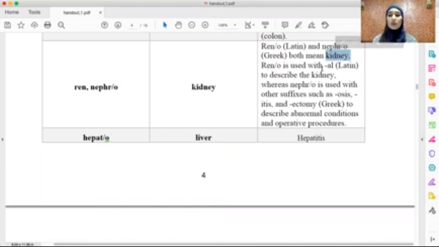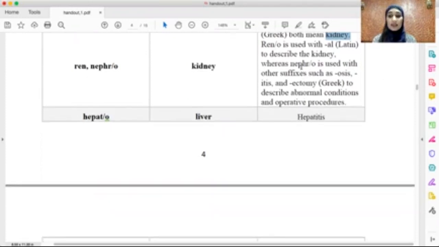Ren is used with AL. We never add AL to nephro, but with ren we add AL. When we say renal, it means related to the kidney. All right, when do we use nephro? We use nephro with other suffixes, such as osis, itis, and ectomy.